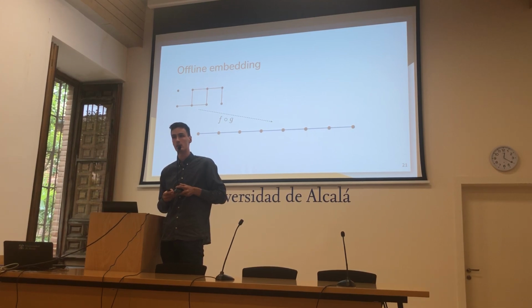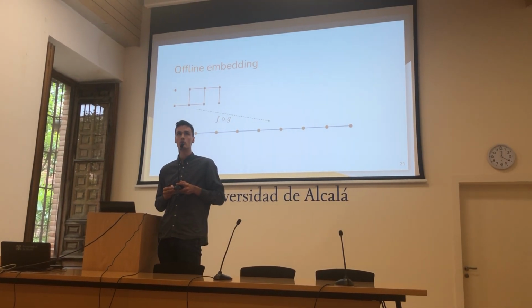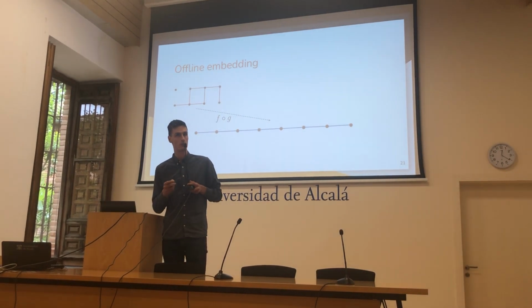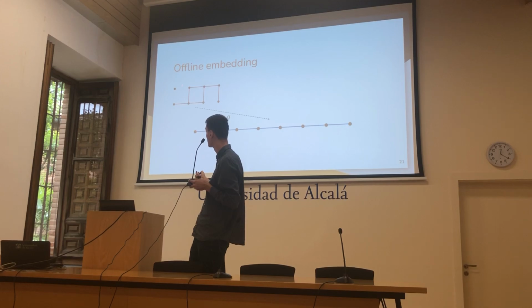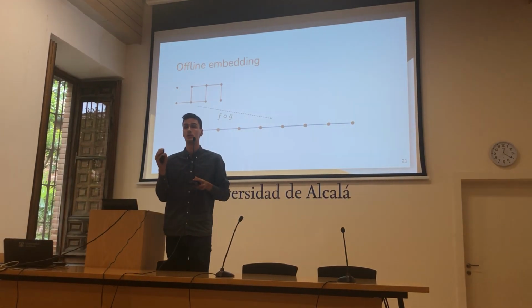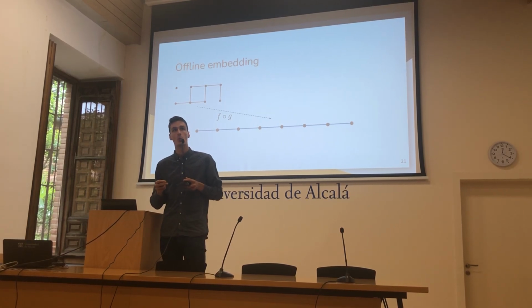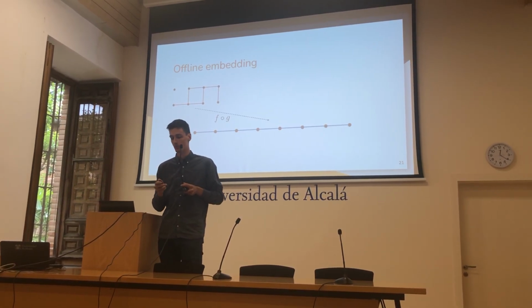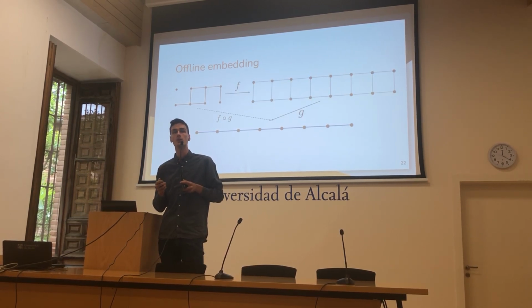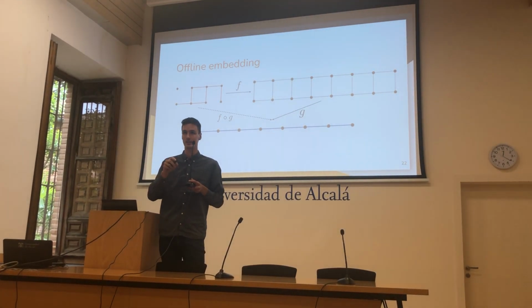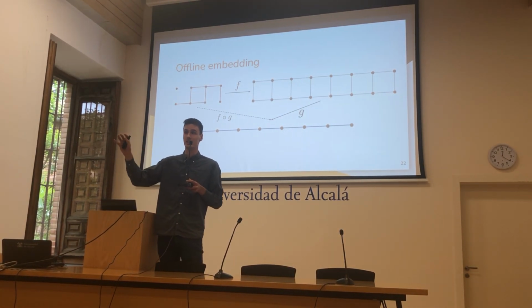Okay, so let me now discuss the details of our algorithm. And I would like to start with a slightly simpler problem, which is an offline embedding. So assume you have some subgraph of a ladder, depicted here on the upper left, for example, and we want to embed it or configure it to the network. We will do it in 2 steps. So we first embed a ladder subgraph into the ladder, and then we embed a ladder into the line.